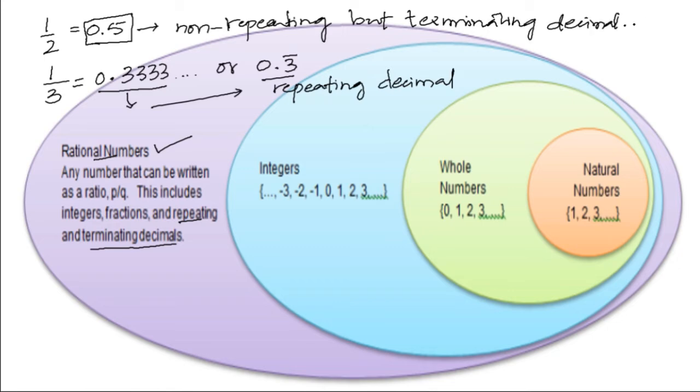All the rational numbers, when expressed in decimal form, either terminate or repeat.